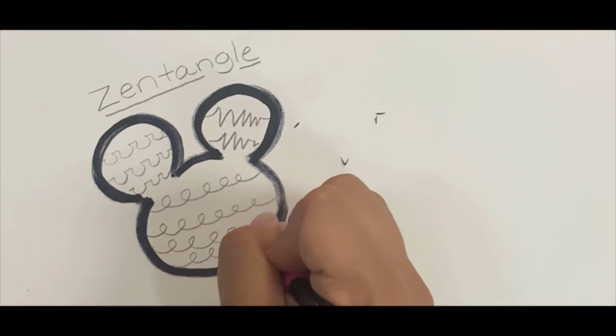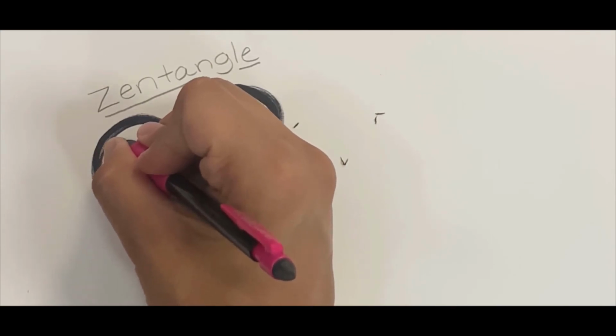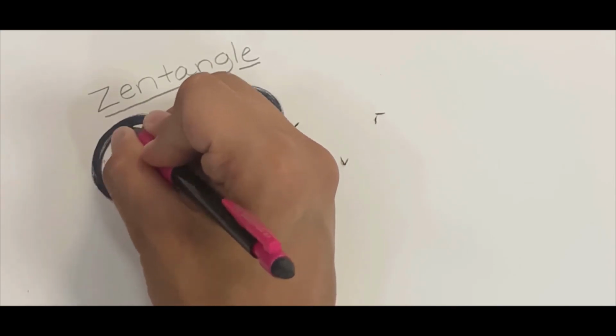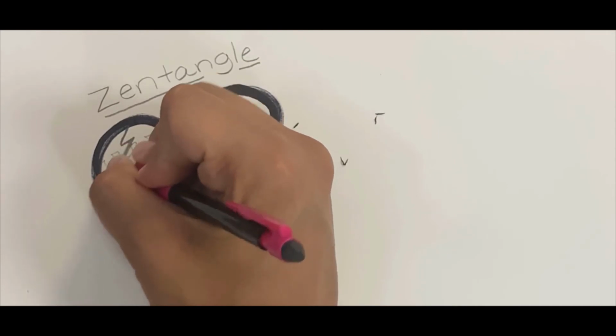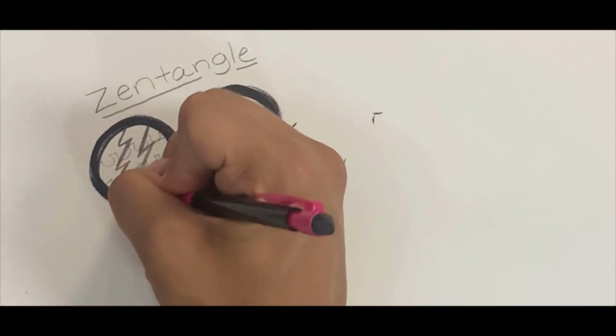Now what I'm going to do is put another thick line over it. So I think for this one, I'm going to do some zigzag lines and make them really thick. So I'm going to go over them a couple more times.